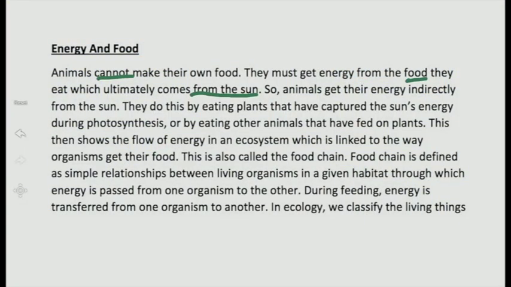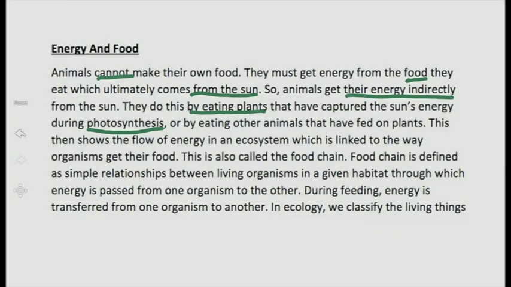So, animals get their energy indirectly from the sun. They do this by eating the plants that have captured the sun's energy. This happens during photosynthesis.